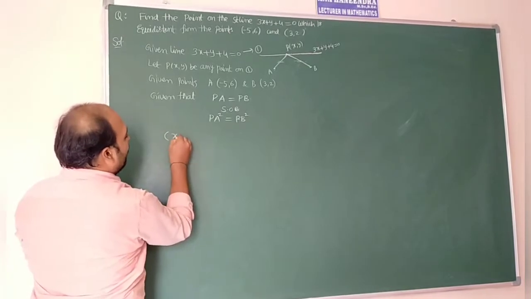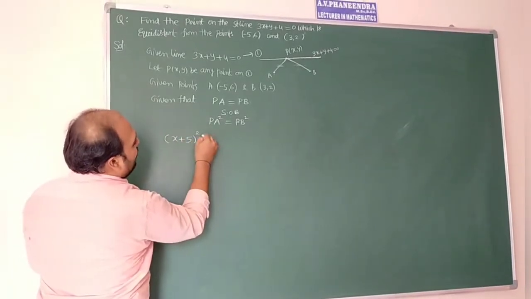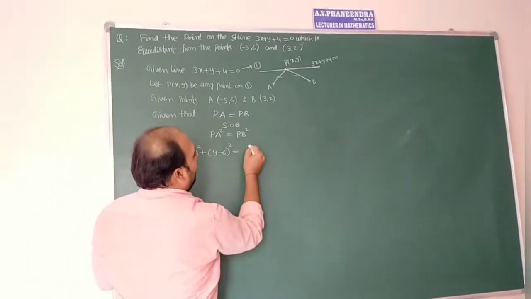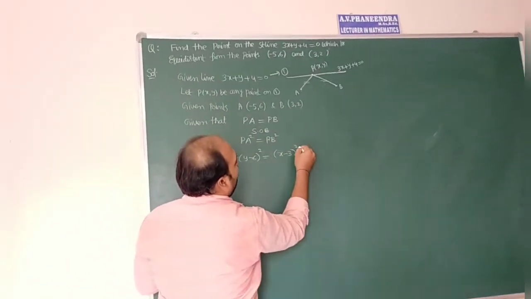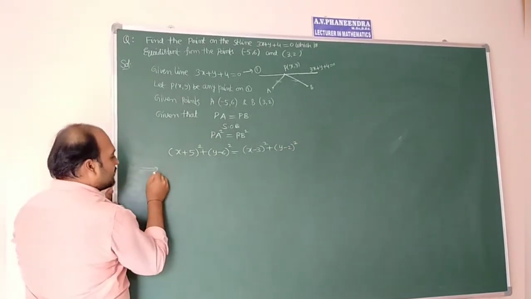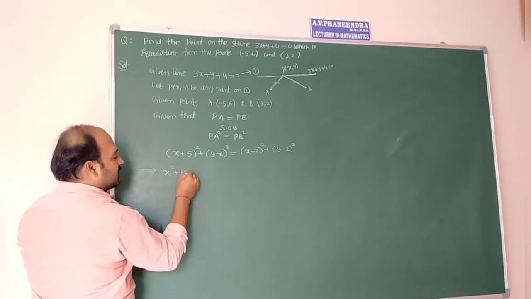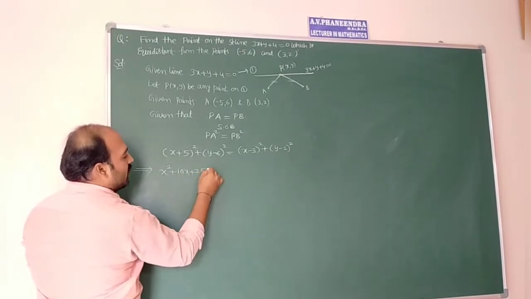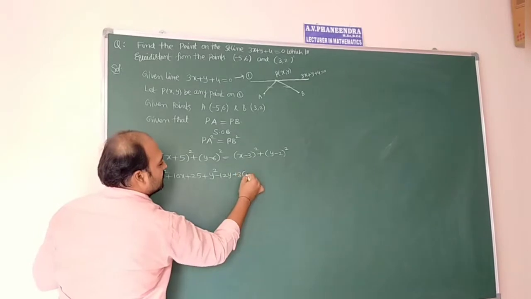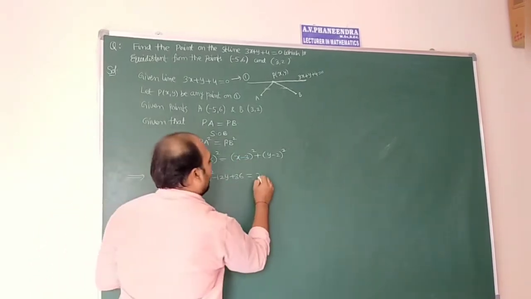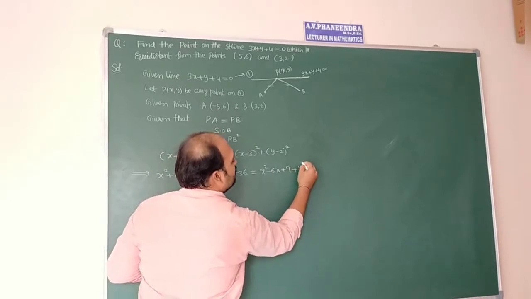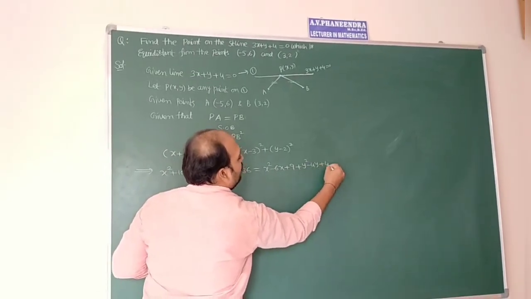(x minus of minus 5) whole square plus (y minus 6) whole square is equal to PB square, (x minus 3) whole square plus (y minus 2) whole square. That implies x square plus 10x plus 25 plus y square minus 12y plus 36 is equal to x square minus 6x plus 9 plus y square minus 4y plus 4.